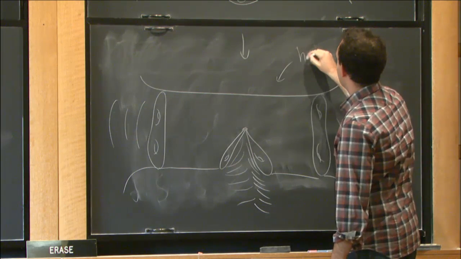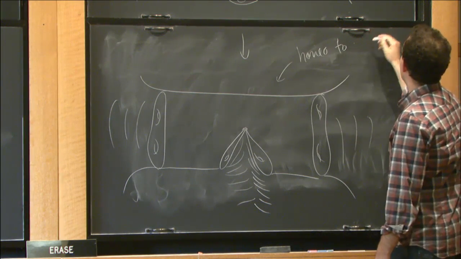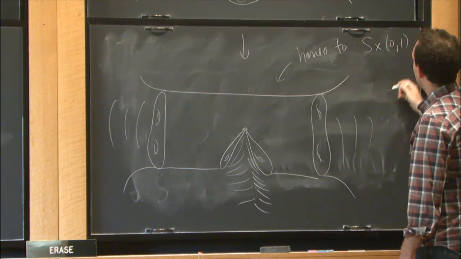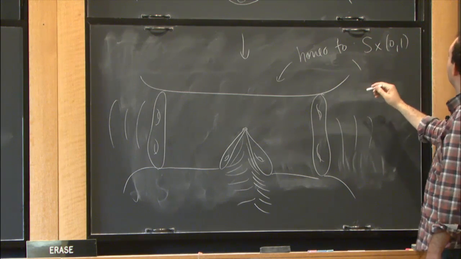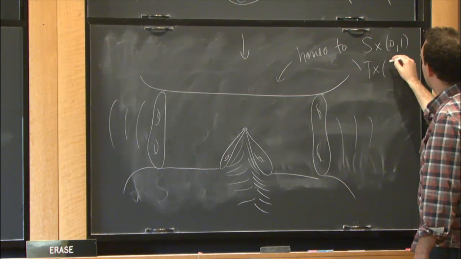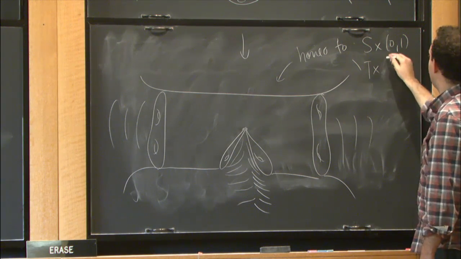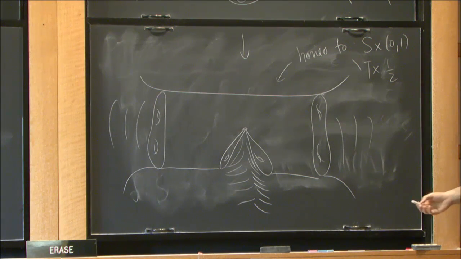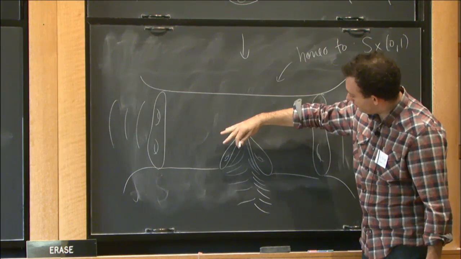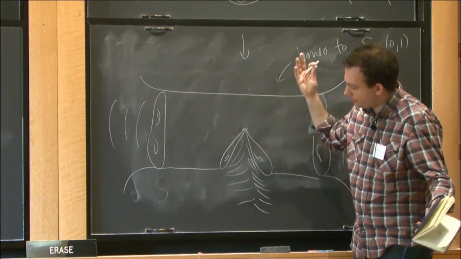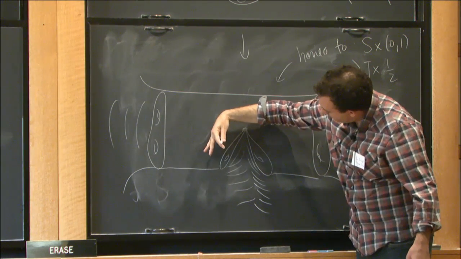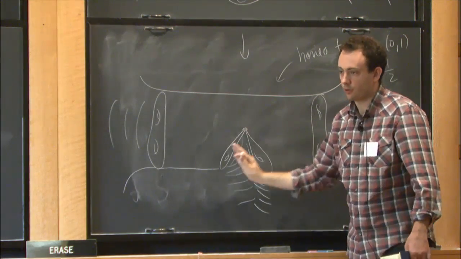So this manifold here is homeomorphic to S cross (0,1) minus, if this subsurface here is T, T cross a half. But then geometrically, what happens is that you develop a geometric end for this manifold, on each side of the surface that you cut out.